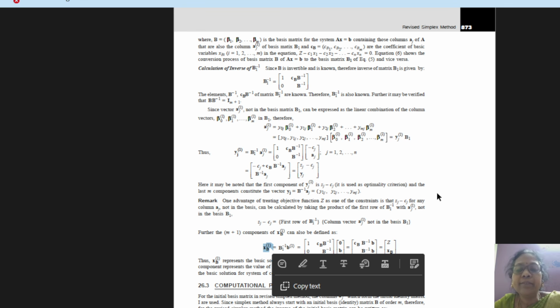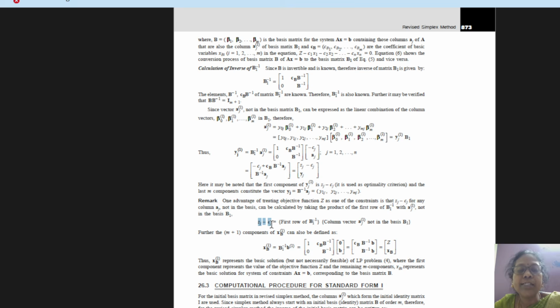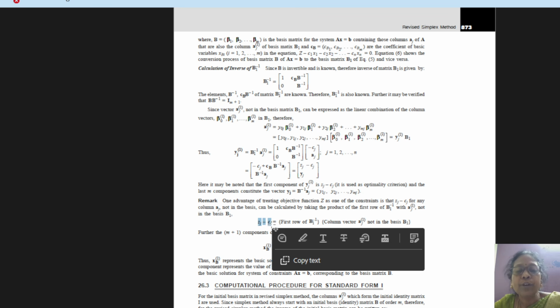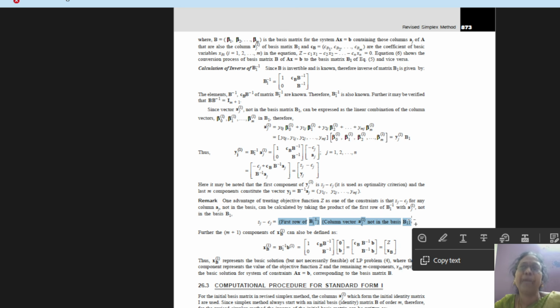From the net evaluation, we conclude the optimal solution, right? Cj minus Zj is nothing but the net evaluation. We want to conclude the optimum solution with the net evaluation. So here, no need to calculate all the columns. Instead, we find the first row of B1 inverse times the column vectors which are not in the basis.